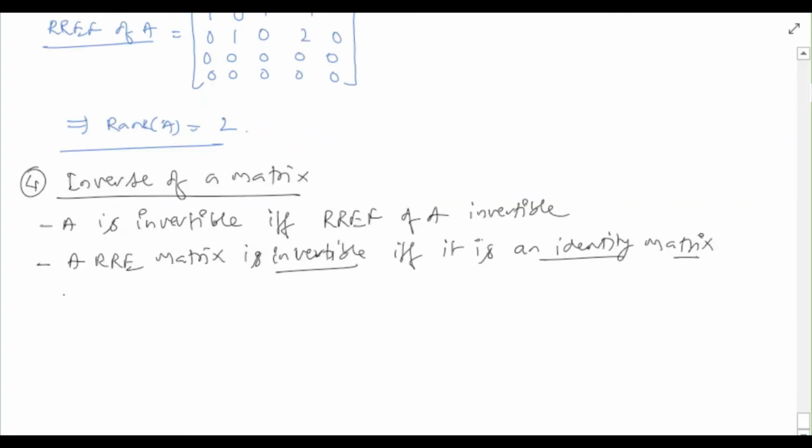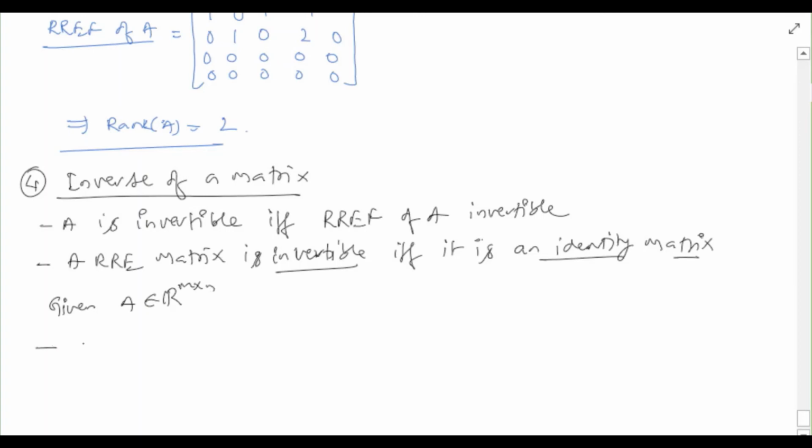Moreover, we can adopt the following procedure to determine if a matrix A, say an M cross N matrix, is invertible or not, and if it is invertible, what its inverse is. So given A, which is M cross N, here is the procedure.